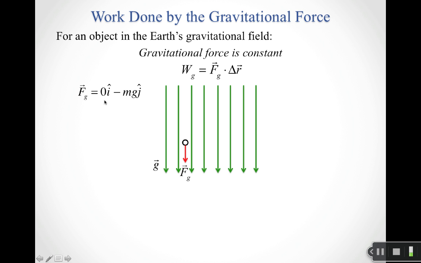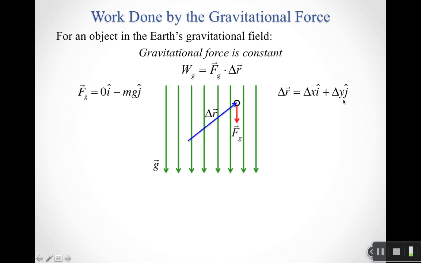Now, I can break the gravitational force up, again in a two-dimensional way, into an x component. There's no horizontal component for the gravitational force. It points downward. So here's an mg. Notice I've clearly picked up to be the positive direction here. And if I move my object, then I've got some displacement that I can also break up into the x component i hat plus the y component j hat.